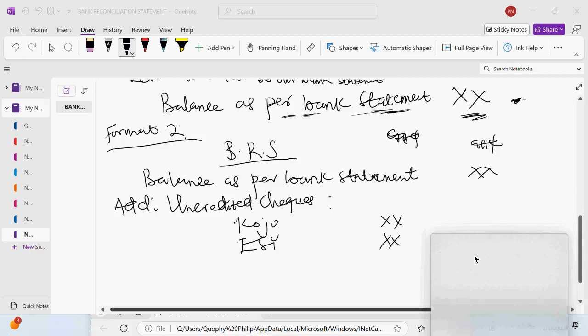What is the meaning of wrong debit? Errors that increase our bank statements. Is that true? Errors that increase our bank statements will come here.